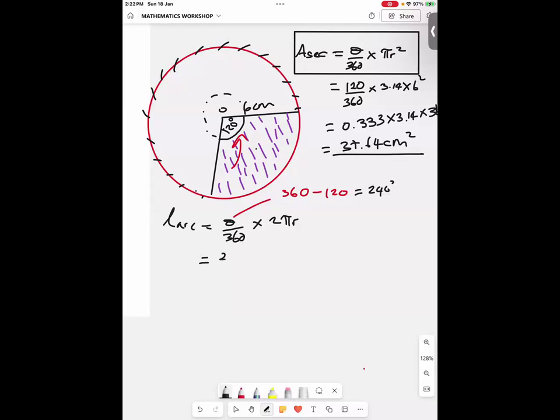So therefore, this is going to be 240 divided by 360 multiplied by 2 times pi, which is 3.14, times 6, which is the radius.